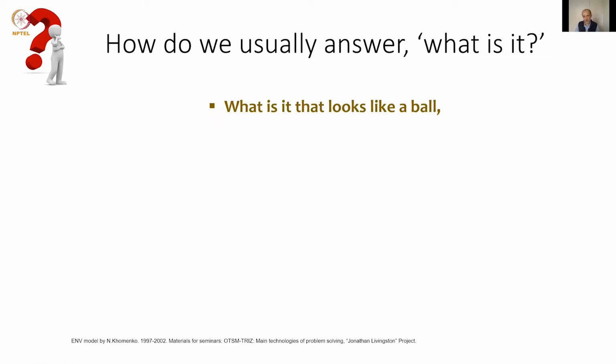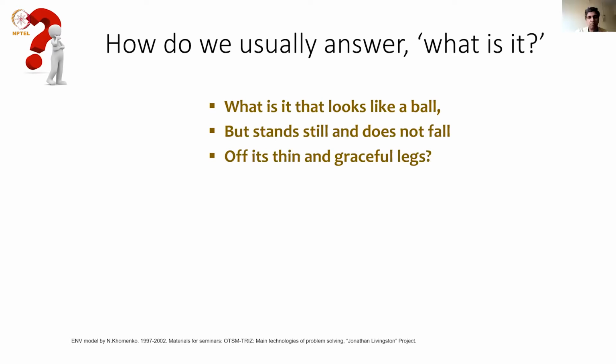If I just ask you, what is it that looks like a ball? It's very difficult to answer such a question, because there are many things which look like a ball. And I add one more feature: this something stands still and does not fall. Strange. A ball is usually moving, so it's difficult to imagine that it stands still.